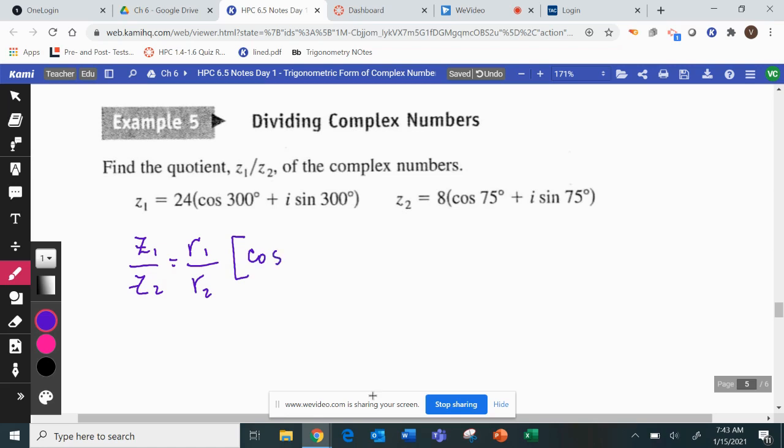When we divide, you're going to divide the moduli, and then we're going to subtract the angles, or the arguments. Cosine of theta 1, which is 300, minus theta 2, which is 75, plus I sine of 300 minus 75 degrees.